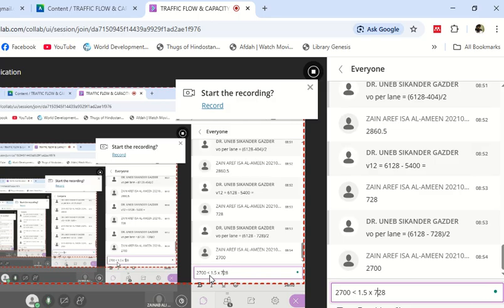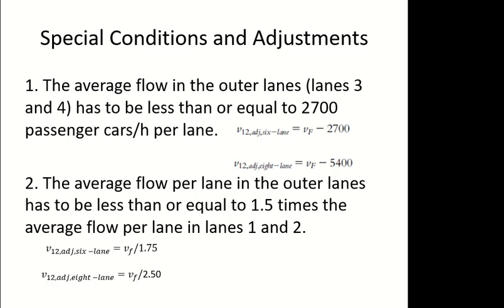Is it less than this value? 1.5 times 728 will not be more than say 2700, right? So not satisfied. If this check is not satisfied, we have to recalculate V12 again. So even the 728 did not satisfy the next check. So I will recalculate V12 using this value.